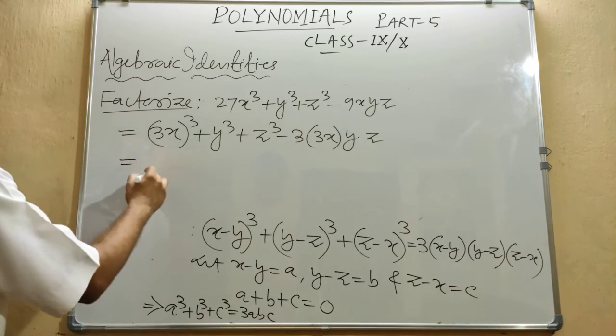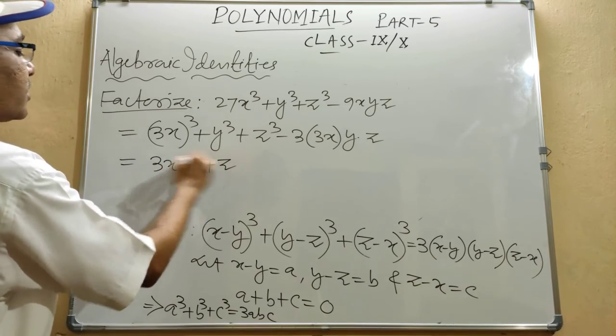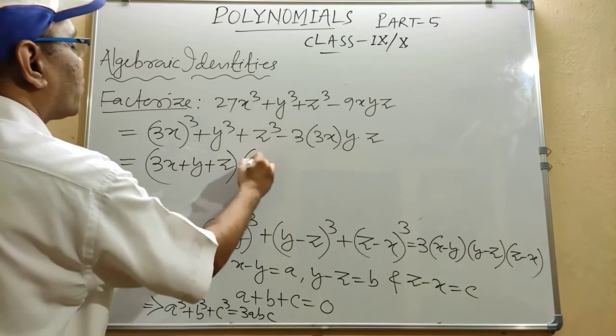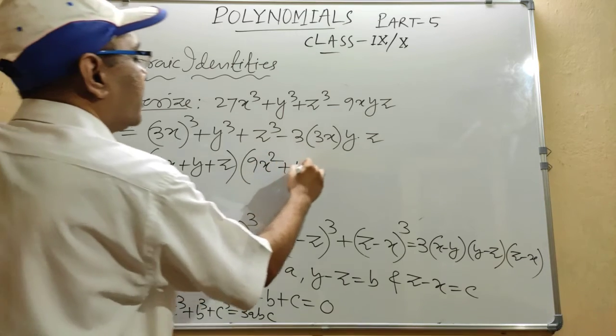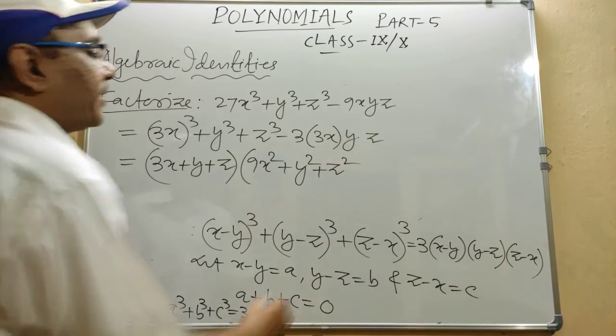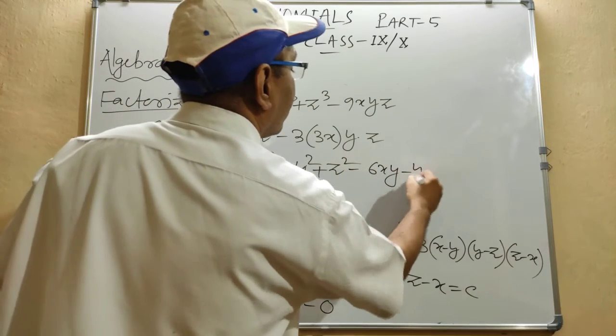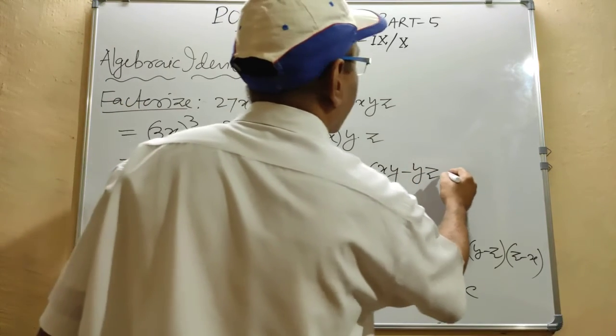So what will be its factorization? a plus b plus c into a square plus b square plus c square, then minus ab minus bc minus ca.